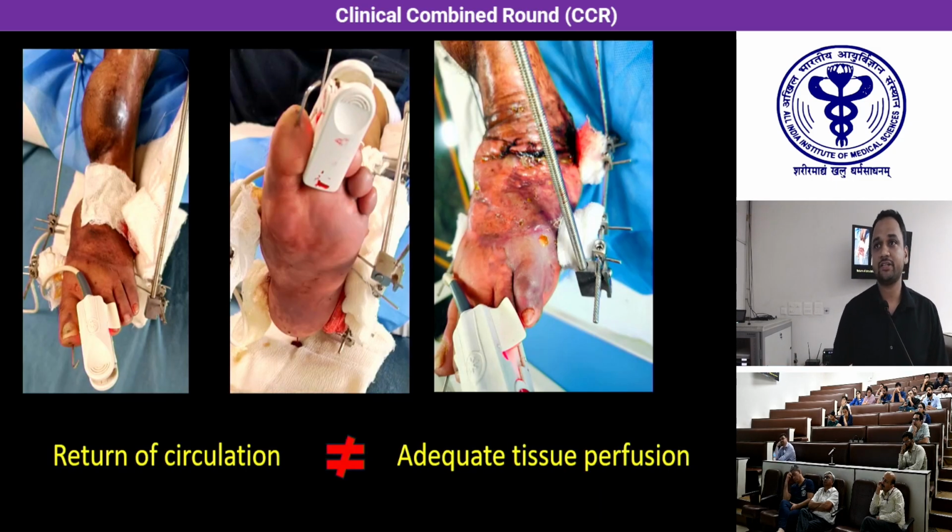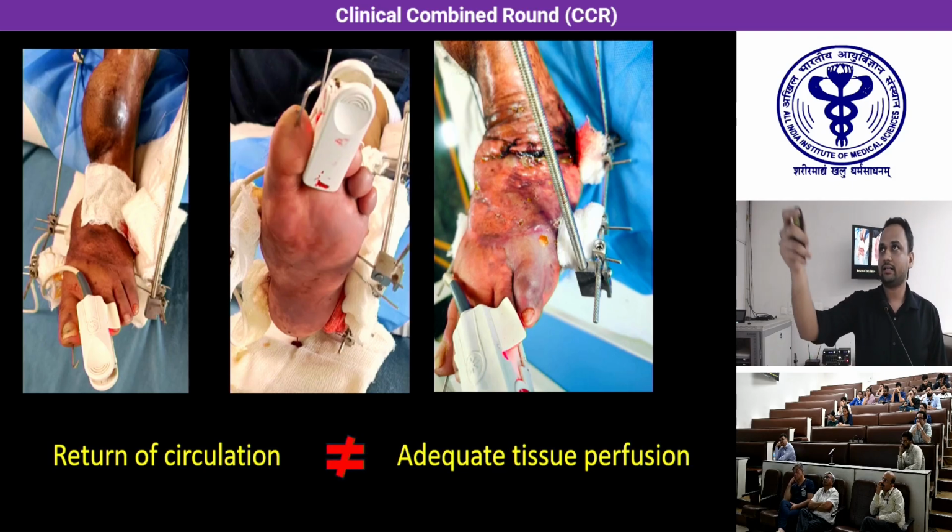But return of circulation does not mean that there is an adequate tissue perfusion. Since this limb is already vascularly compromised, and we already did a major surgical procedure to correct the foot deformity, we anticipated that the foot will develop swelling and blisters, and therefore we did not do any circumferential dressing to prevent any more constriction formation.